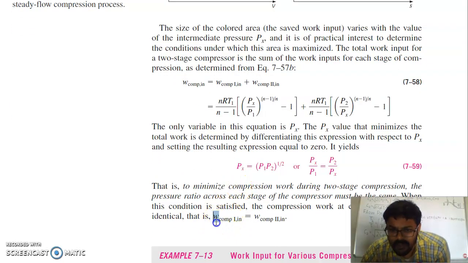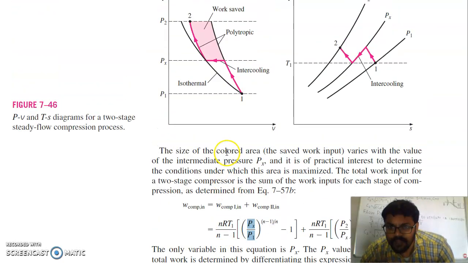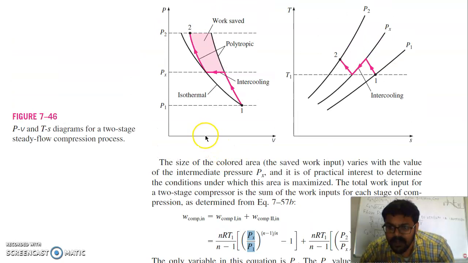It means work of compression 1 is equal to work of compression 2, because compressor work depends on pressure ratio. So the pressure we have to select is such that the first stage compressor will consume the same work as the second stage compressor. That would be the minimum work, and that should be the intermediate pressure for the intercooling of the gases.